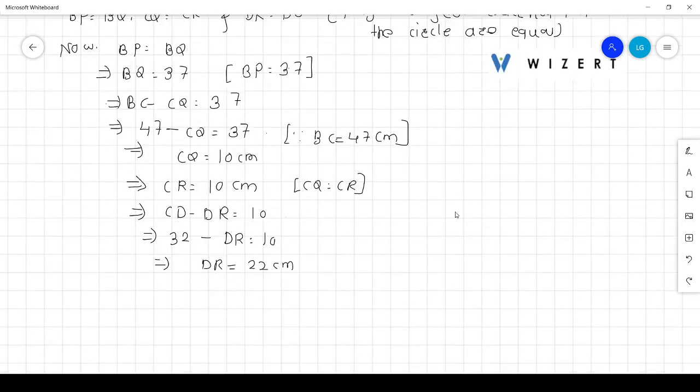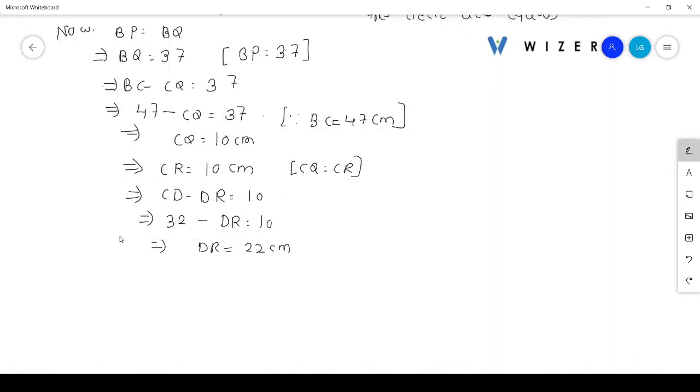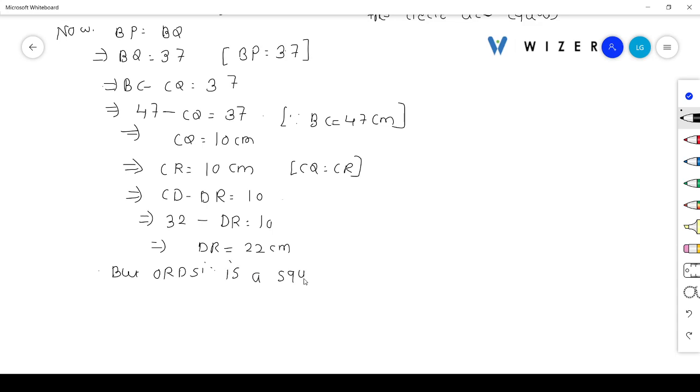But ORDS is a square. So, OR equals DR equals 22 centimeters.